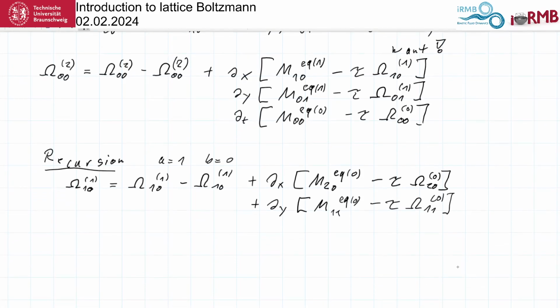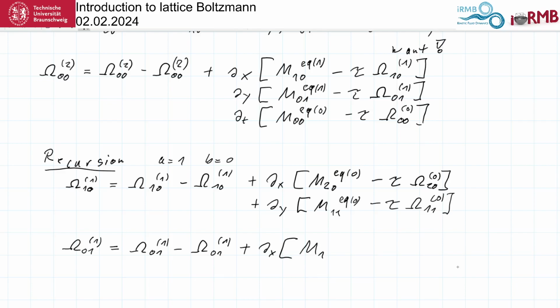So then obviously you can do the same thing for omega 0, 1. Omega 0, 1 to first order minus omega 0, 1 plus dx. Now we are counting up the first index.